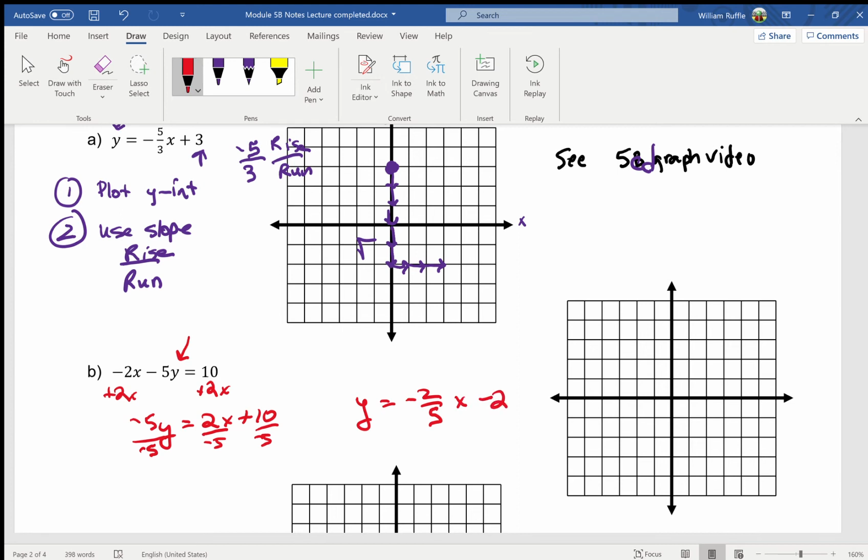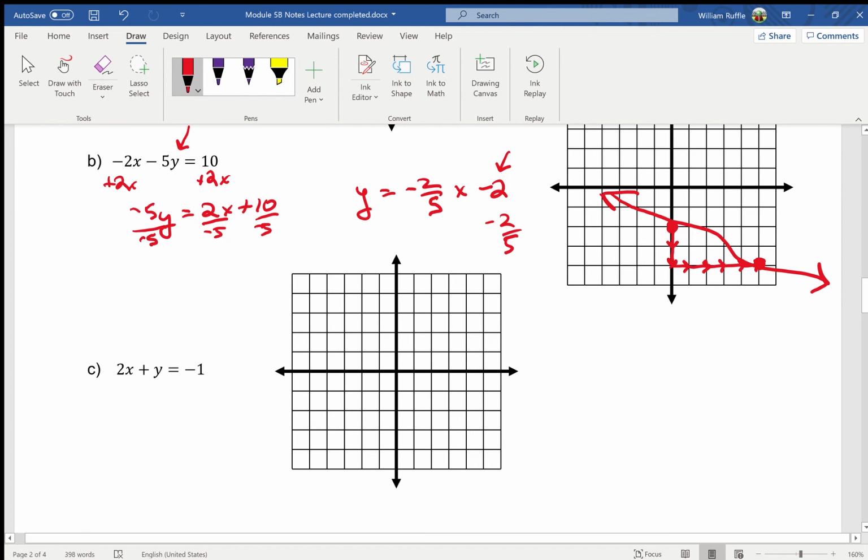So my y-intercept is now negative 2. So I go down to plot that. Now my rise over run is negative 2 over 5. So I want to rise negative 2, so go down 2 and then go over 5. 1, 2, 3, 4, 5. Plot my point. And then, that's a wiggly line, but that's a quote-unquote straight line here. And again, I'm going to show you how to use the graphing tool on there to draw this out perfectly.